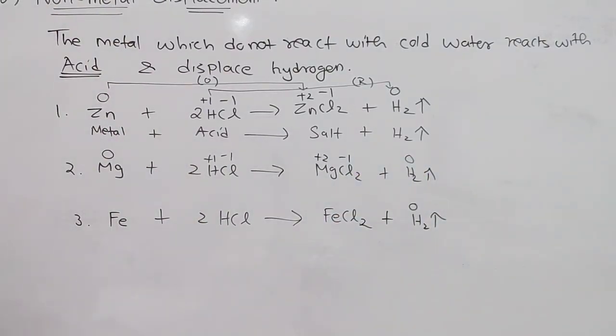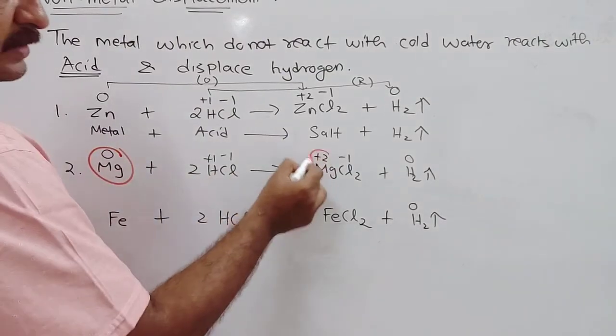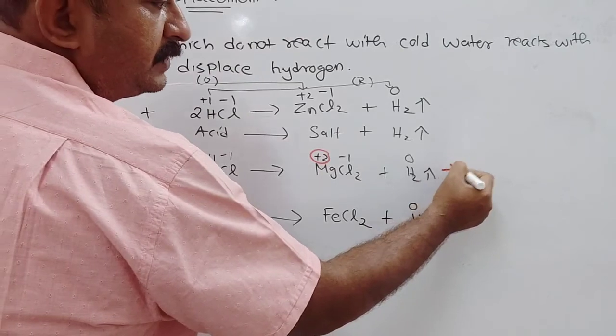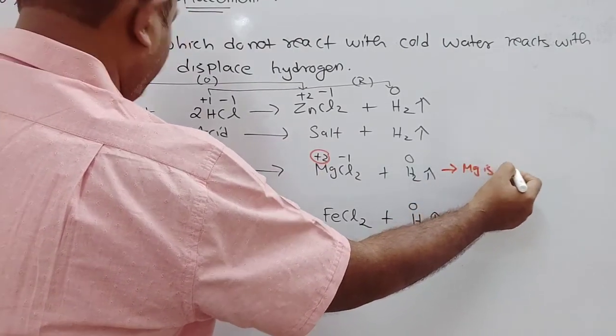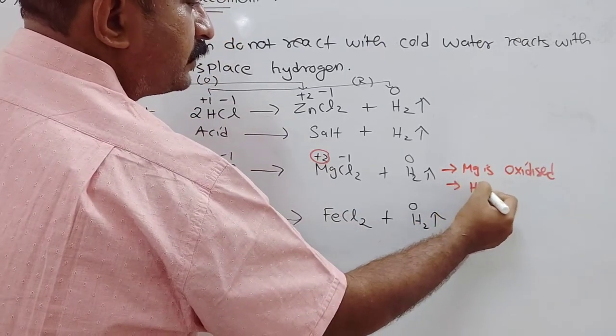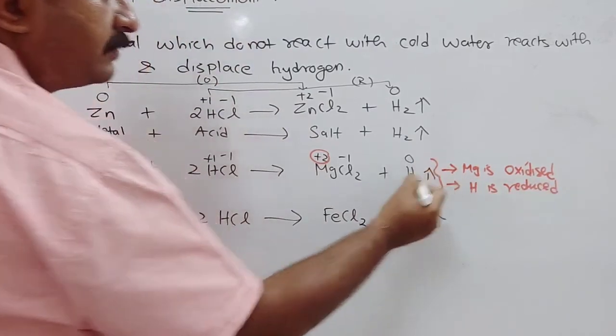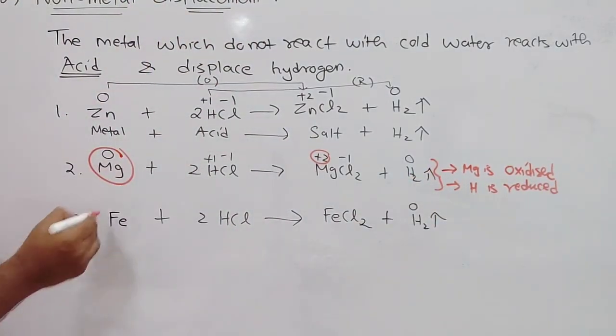So from this you can make out that magnesium, Mg, is oxidized, clear, and hydrogen is reduced. For this reaction I am talking about, is it clear?